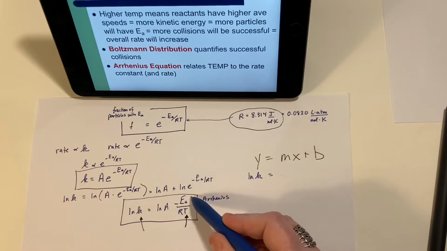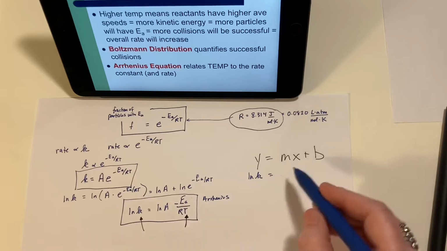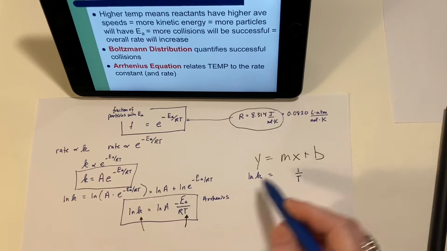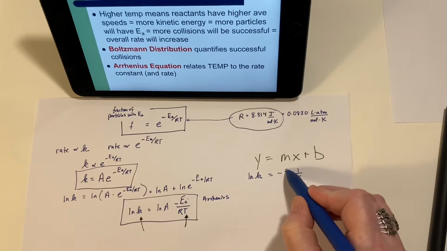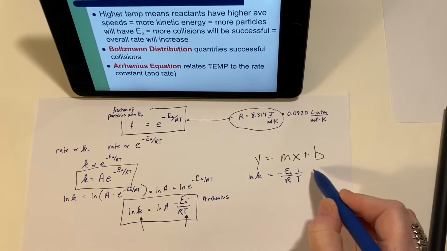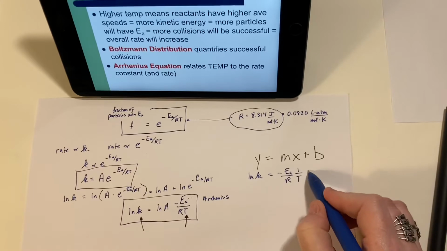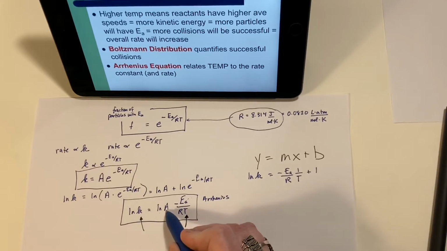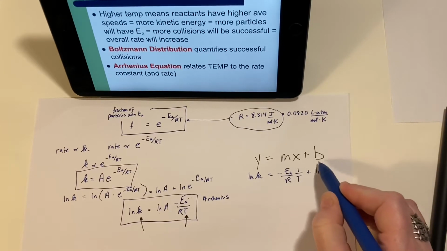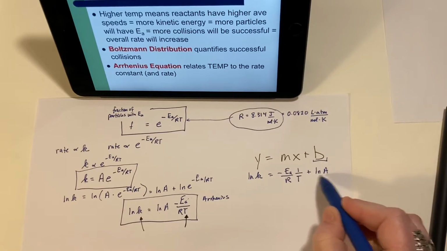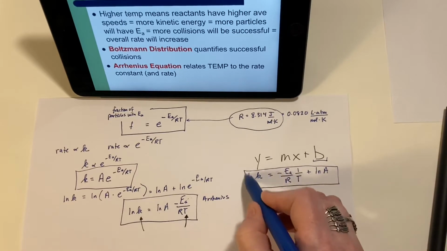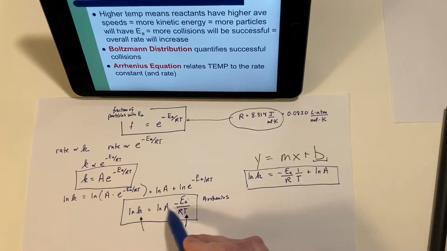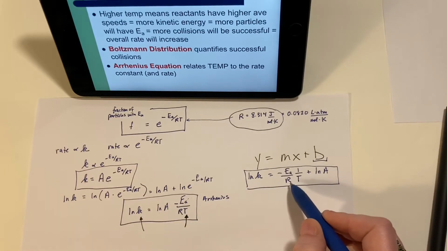We'd like to vary temperature, so 1 over temperature is the x value, and everything multiplied by it is the slope. And this natural log of A is the intercept. So that's just some number. So we have the form of the equation of a line. I just moved those two terms, switched them.